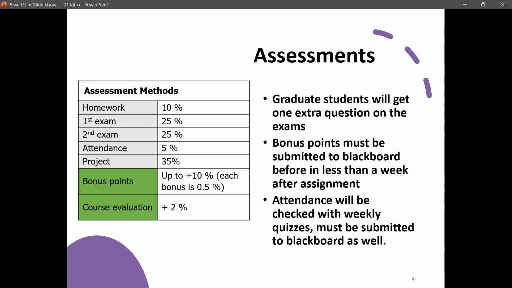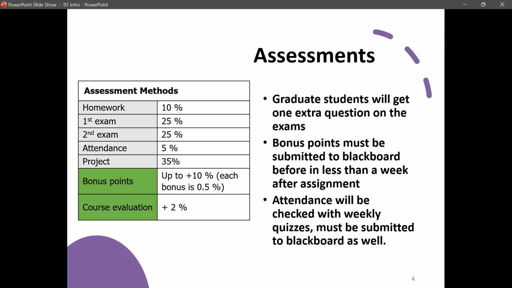Attendance in class is worth 5% of the grade, and we check attendance using random quizzes. I come to class and ask you to solve a problem for me. Your answers to those problems are not that important. If you answer the quiz problem correctly, you will get a bonus point, worth half a percent of your final grade each.